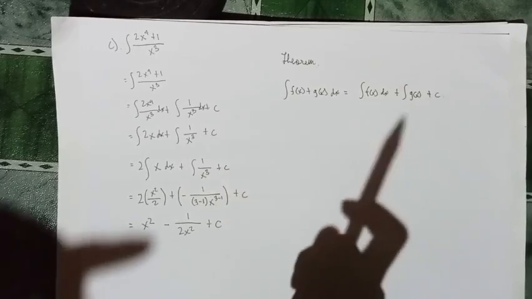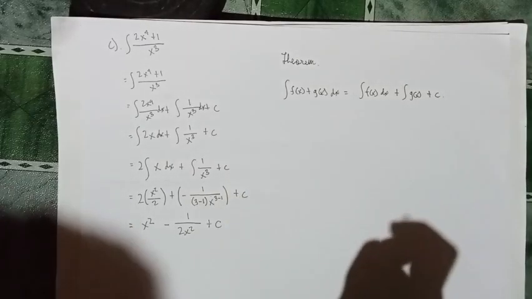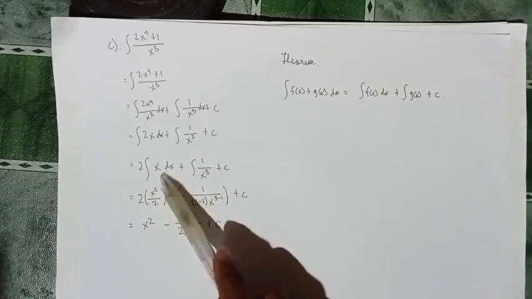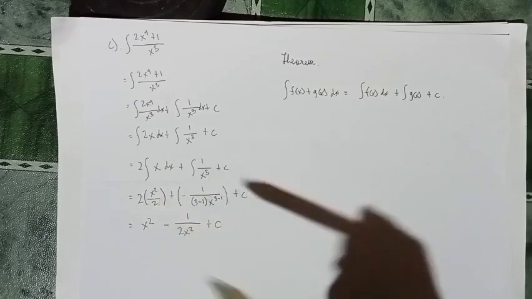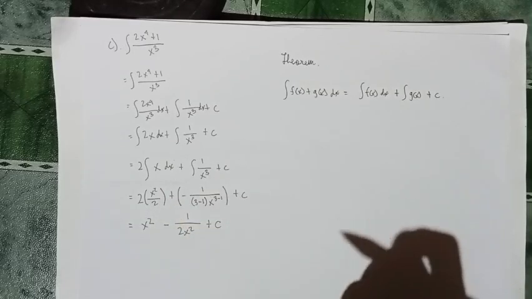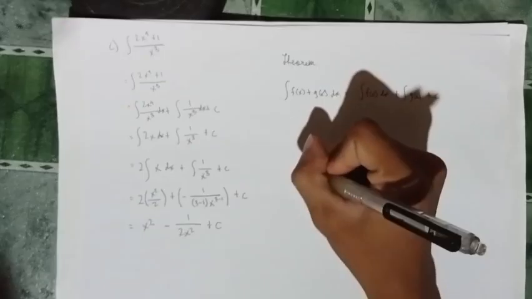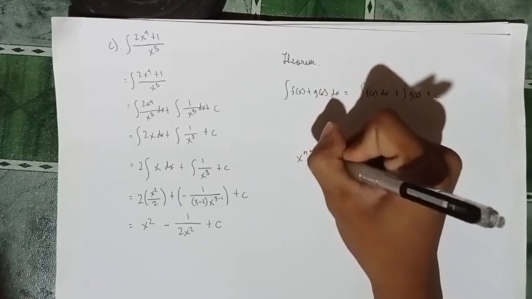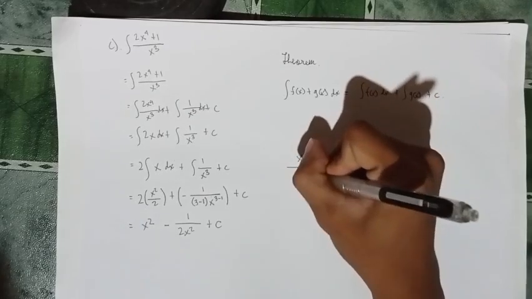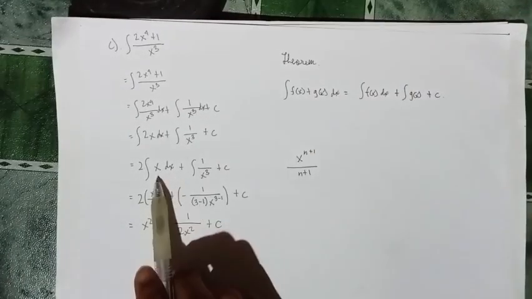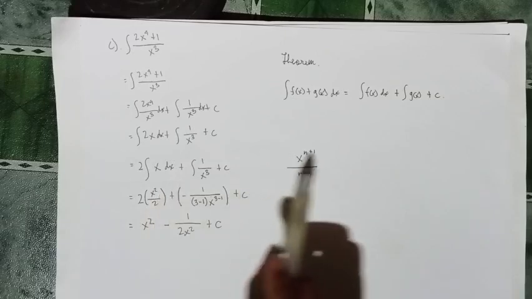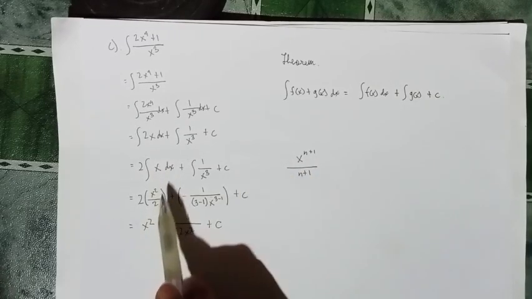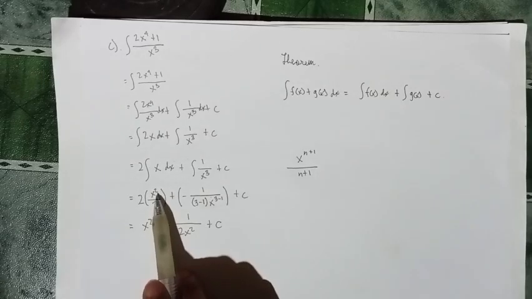Here we use the theorem wherein the integral of x raised to the power of n is x raised to the power of n plus 1 all over n plus 1. So n plus 1 gives 2, since the exponent is 1, so x squared all over 2.